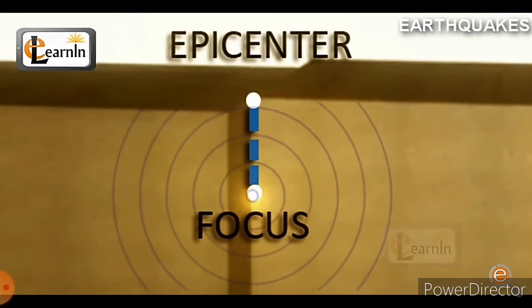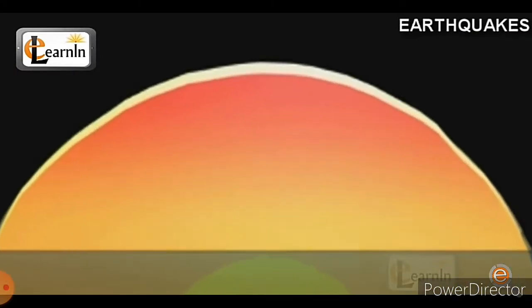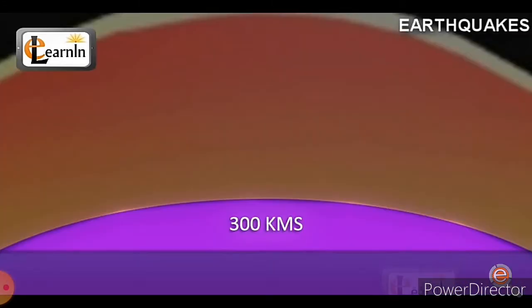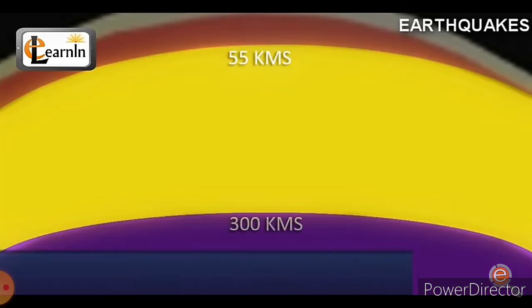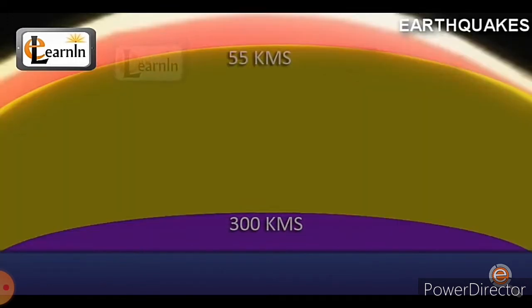They are deep focus earthquakes that occur at depths exceeding 300 kilometers, the reasons for which have not yet been identified. Intermediate focus earthquakes with depths of foci ranging between 55 and 300 kilometers. Shallow focus earthquakes with depths lesser than 55 kilometers.